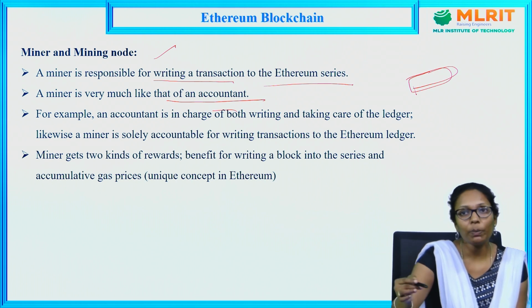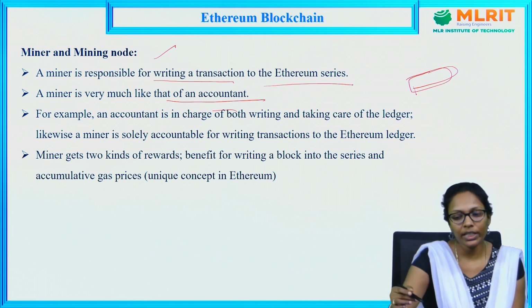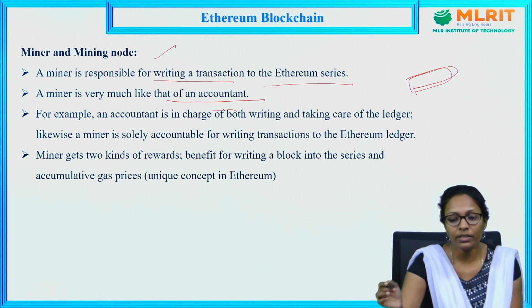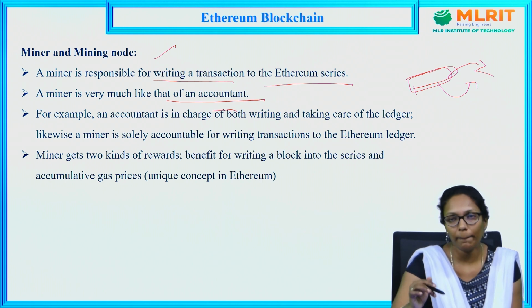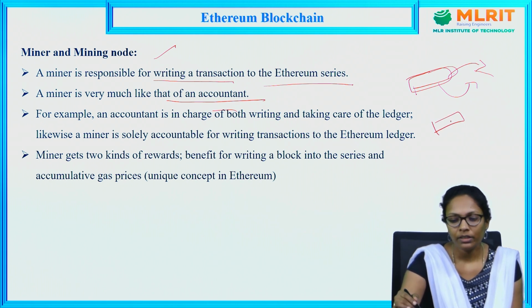And if he wants to publish the transaction onto the blockchain, he needs to take permission from other miners, and then he can publish onto the blockchain. So whatever the outgoing transactions and incoming transactions are, those need to be maintained by the miner. So this is a miner, he has his own data, and he wants to propose some new transaction.